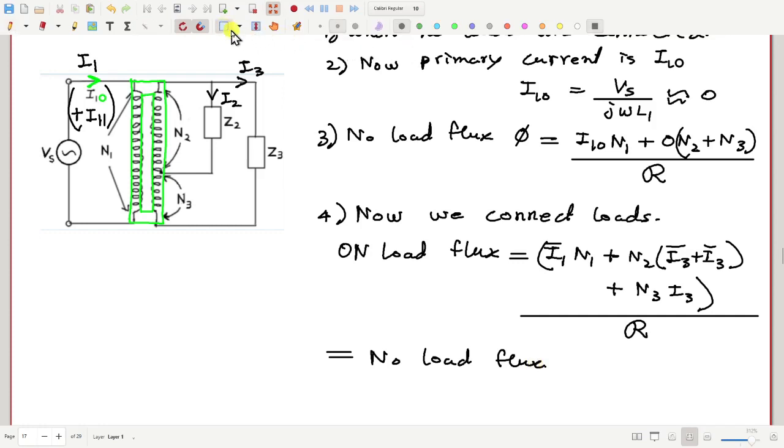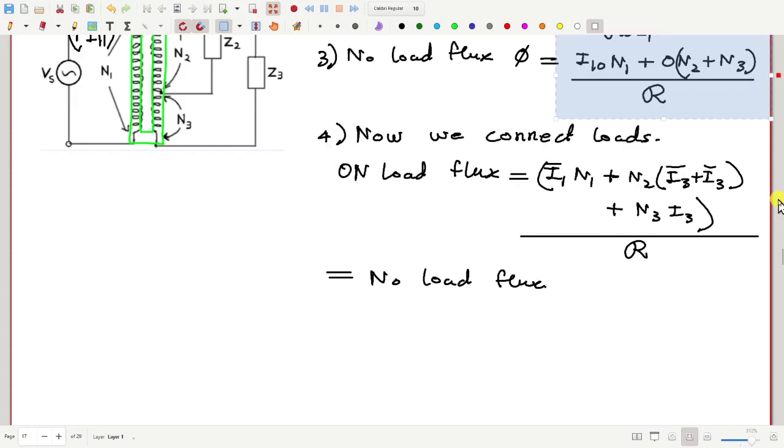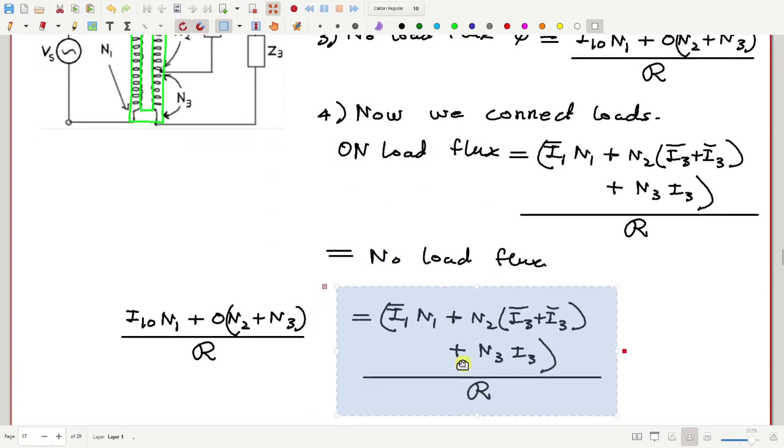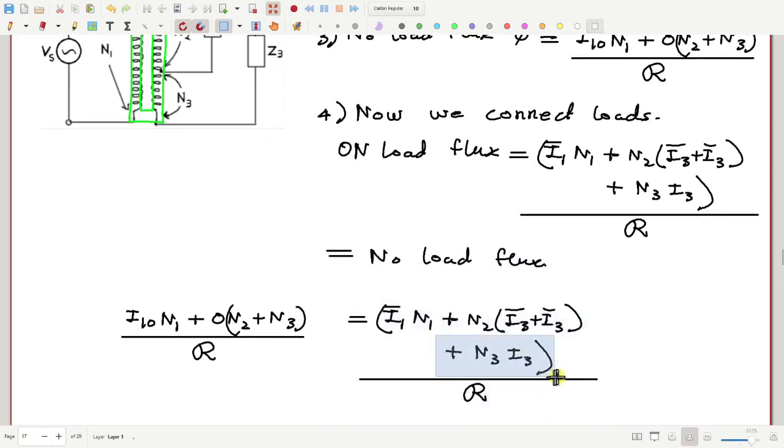So thus I can write this quantity, copy paste, and this quantity, copy paste. Let me write it here.